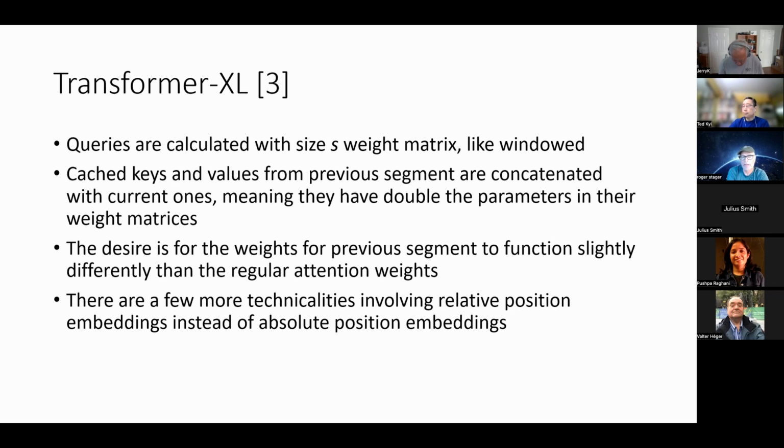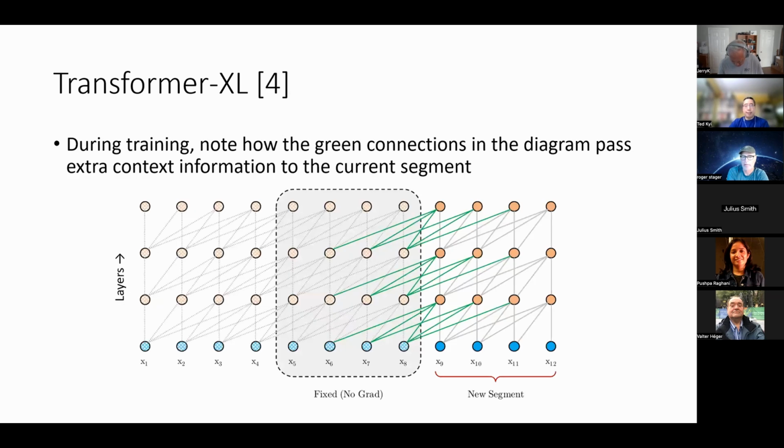Did they have an intuition about how it might treat it differently? Well, the idea is this, and I don't know if I've got a great diagram for this, but basically, if you're doing normal attention on these 4 tokens, and you have these green ones over here before it, then even though this is the very first layer of the transformer, even though your attention window is 4, you have information about 8 tokens.